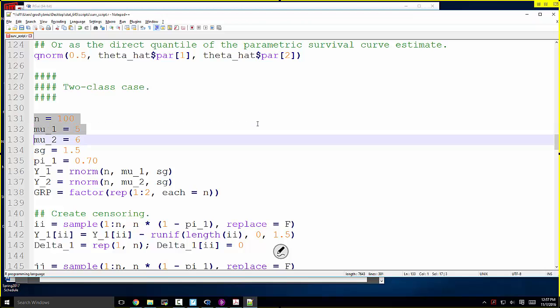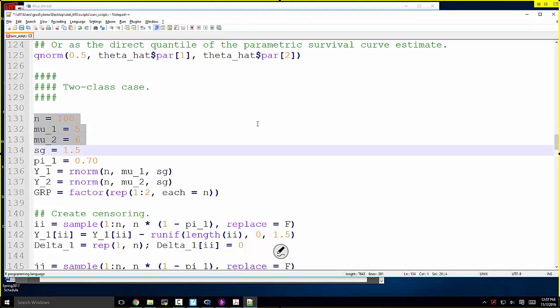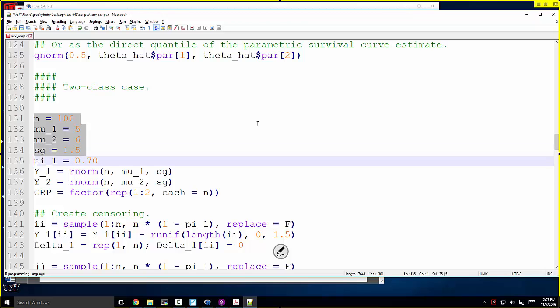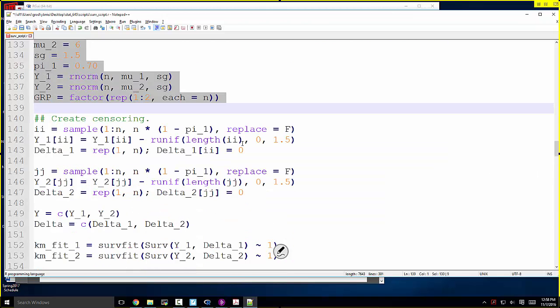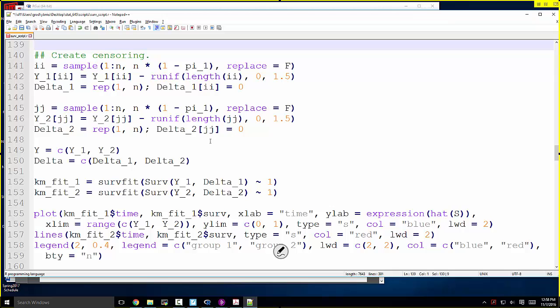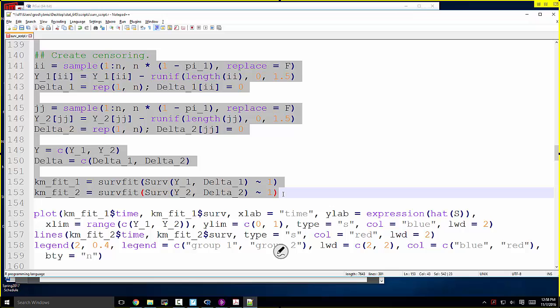We'll say the means in the two groups are 5 and 6. We'll say both groups have the same standard deviation, that 30% of the individuals in each group are censored. And then here's simulating the data. Here is creating censoring. And here is computing Kaplan-Meier curves.